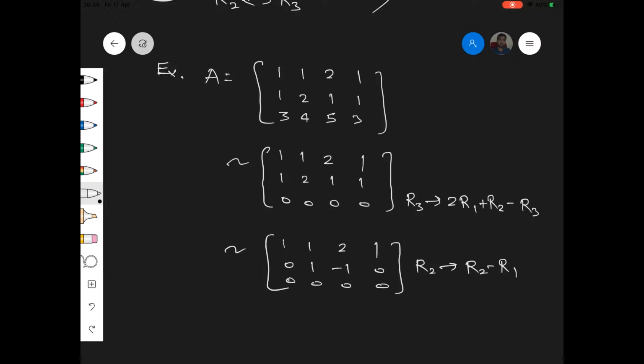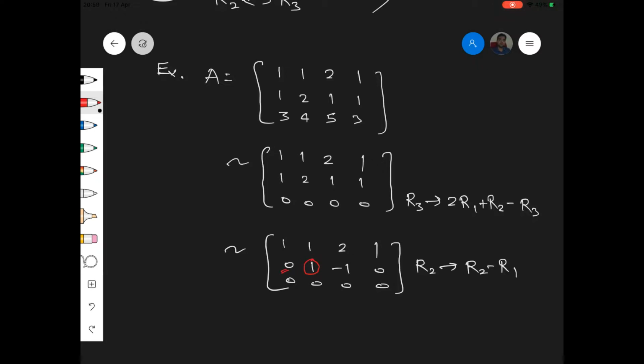Now if we try to convert this entry into 0, this entry will become non-zero, and that will be a violation of the second condition which we stated for the row reduced echelon form.